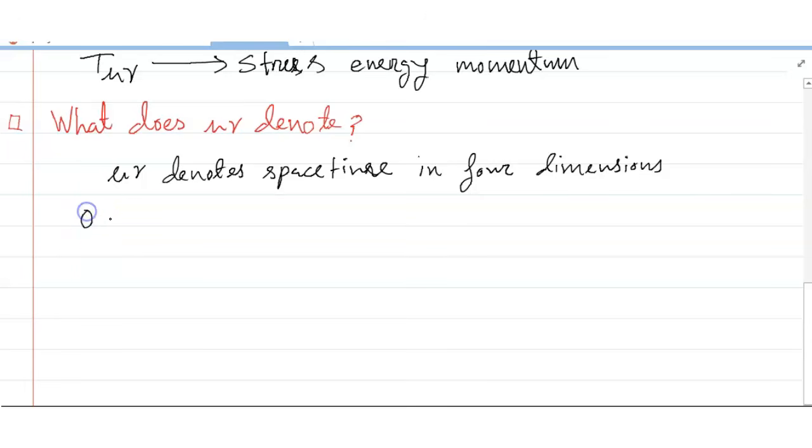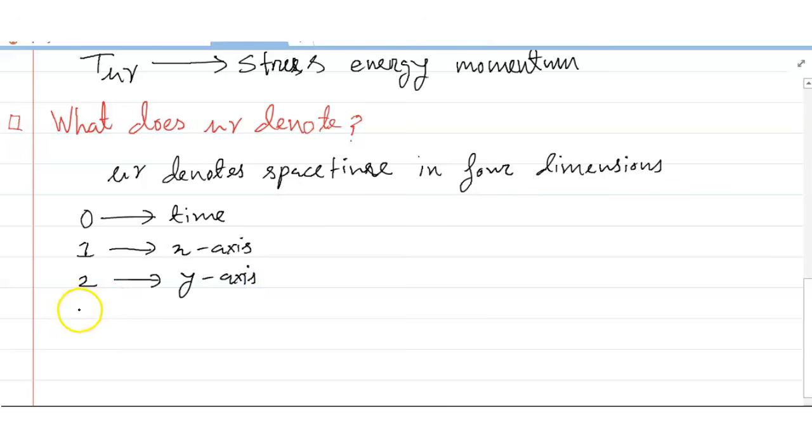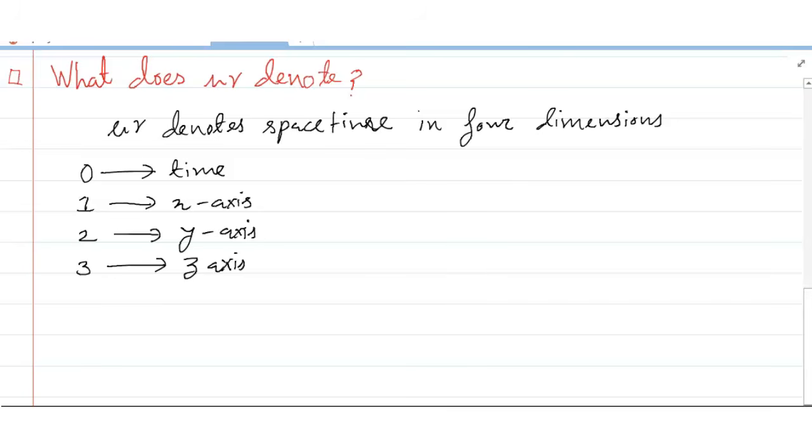Zero is time, the zero dimension, and 1 is the x-axis, 2 is the y-axis, 3 is the z-axis.